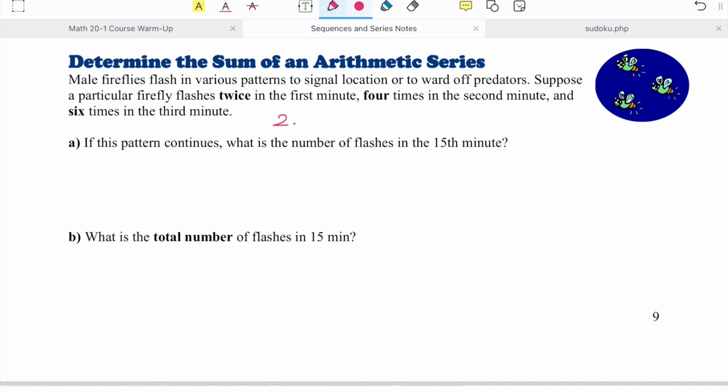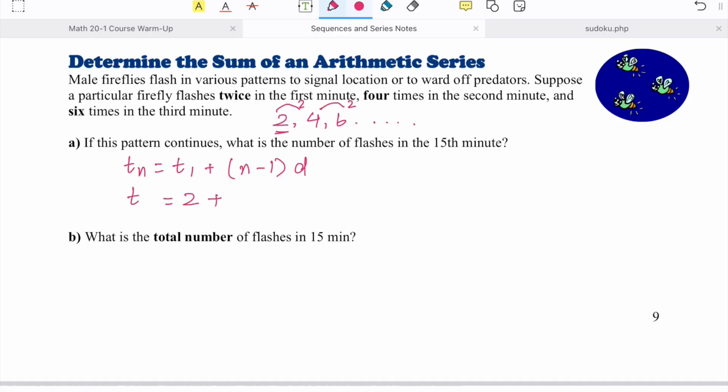So it's 2, 4, 6, and so on. So it's going up by 2 every time. It is arithmetic. Okay, to find the 15th minute, we use a formula that we did last lesson. Tn is equal to T1 plus n minus 1 times the difference. Remember? So T1 is 2.